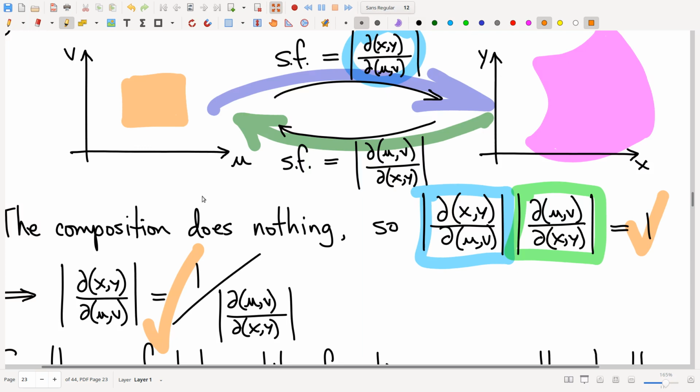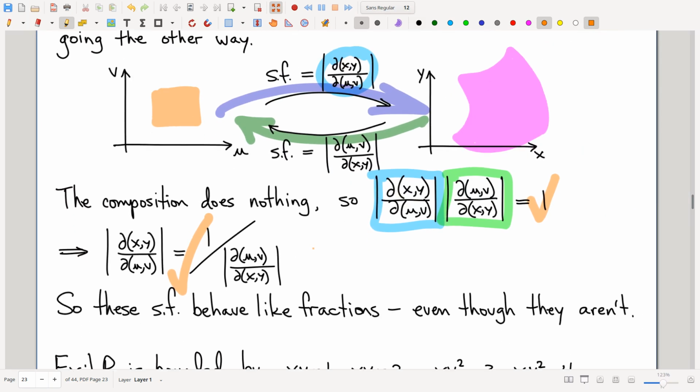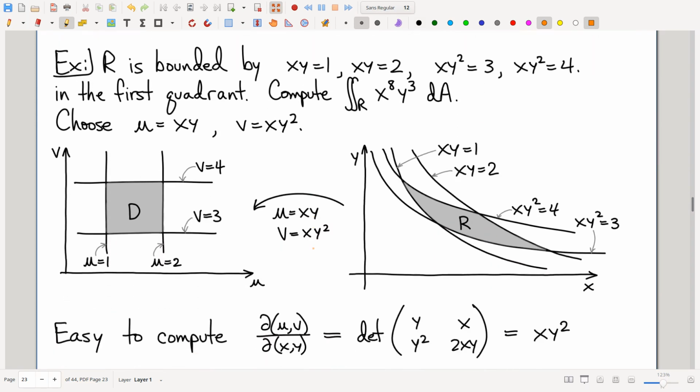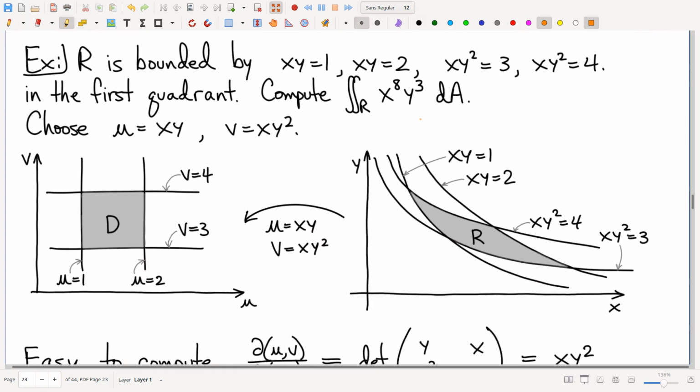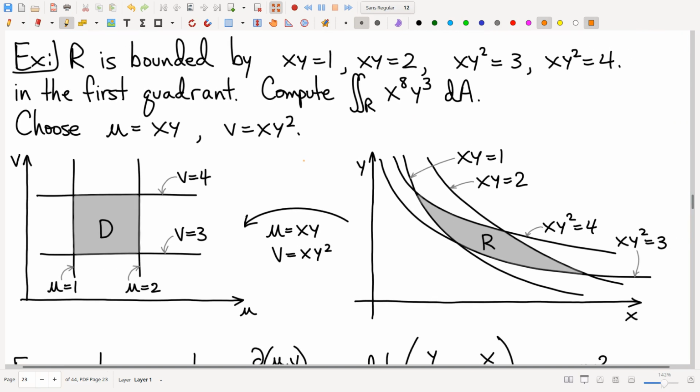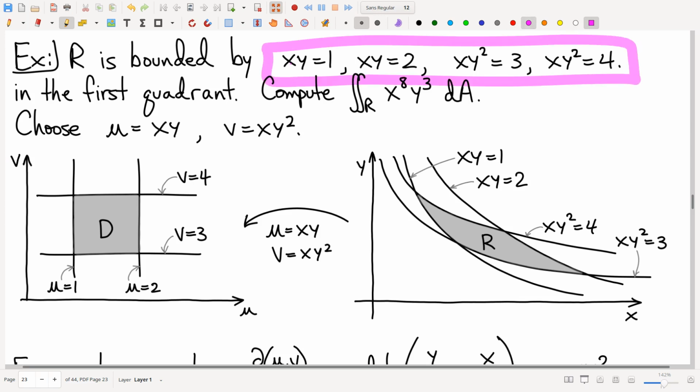Okay, we're going to make use of that in the following example. The following example does require a little bit of setup, so I'm going to have to talk for a bit here about exactly what's going on with this example. So here we go. We have 4 curves, and those 4 curves are as I have drawn here, vaguely, something like that.